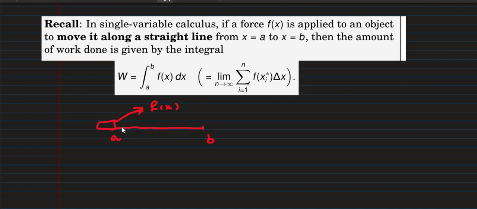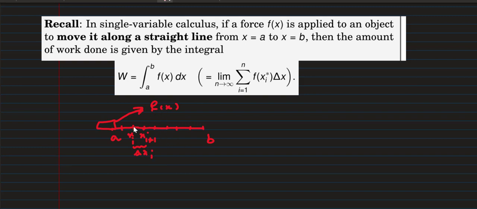If we divide this interval into a union of equal intervals, for example from the point xi to xi plus 1, I consider this as delta xi.